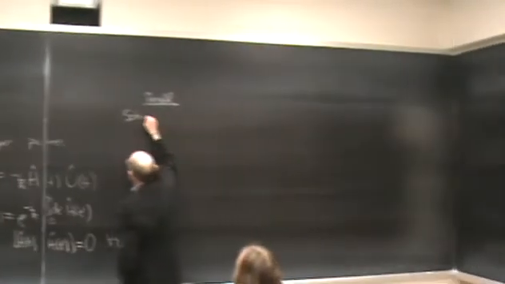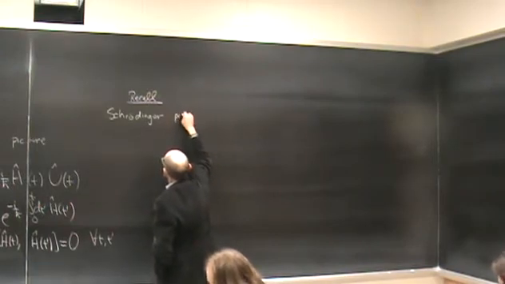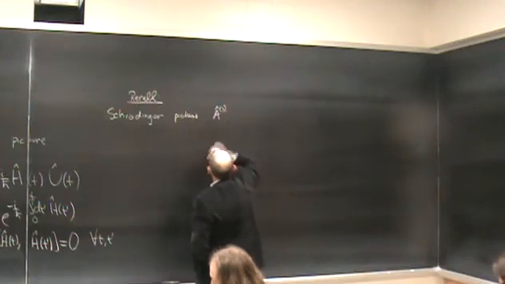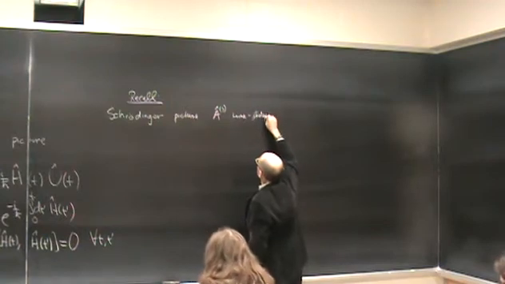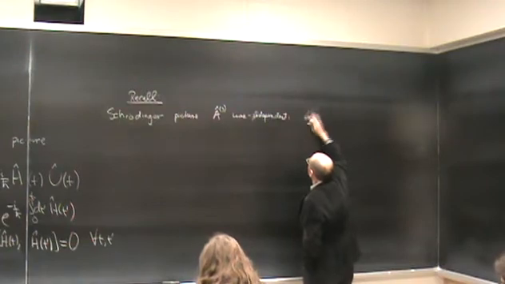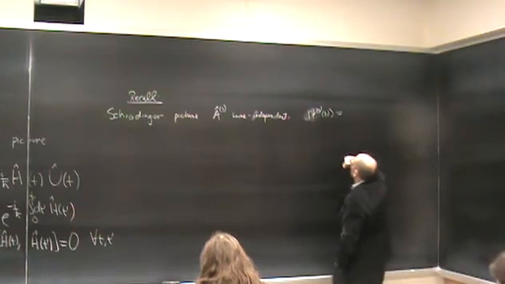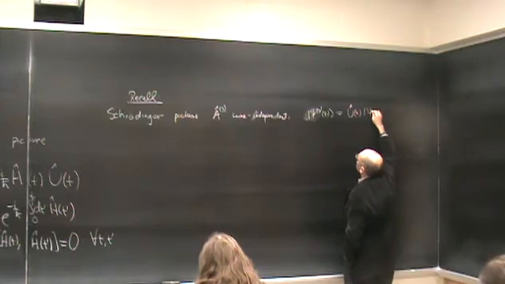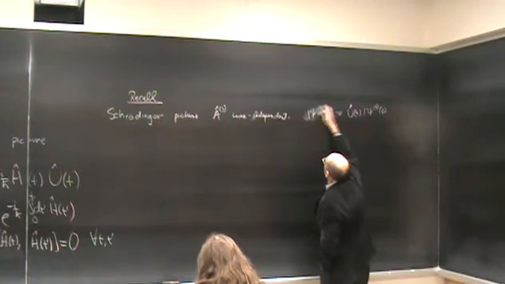So in the Schrödinger picture, the Schrödinger observables are time independent, and the states are time dependent.